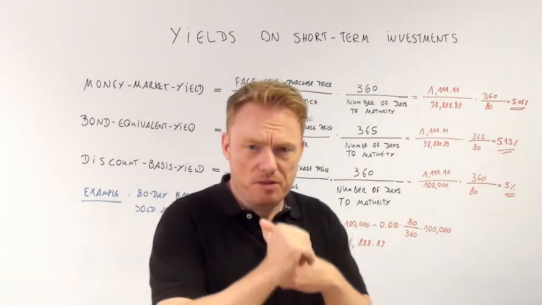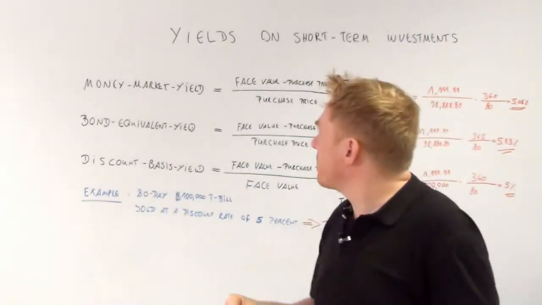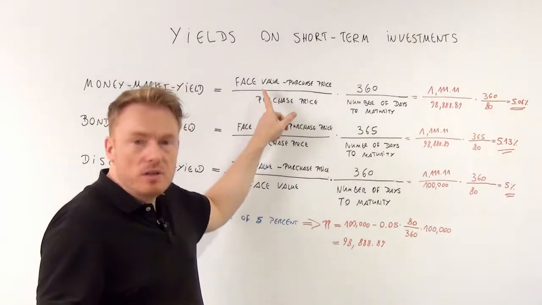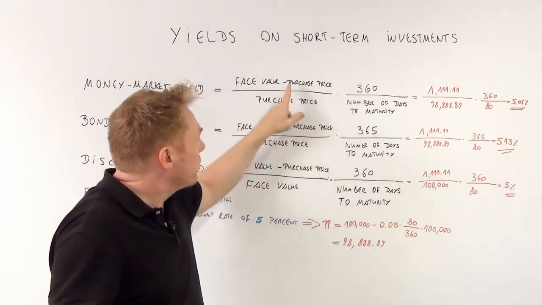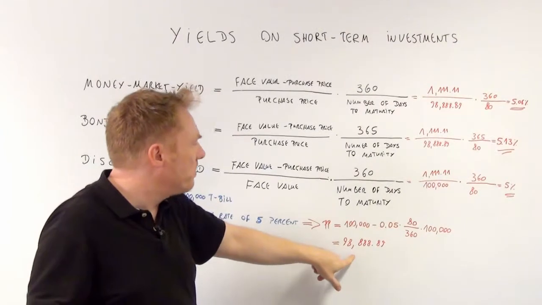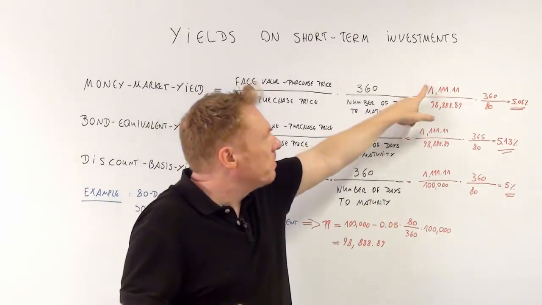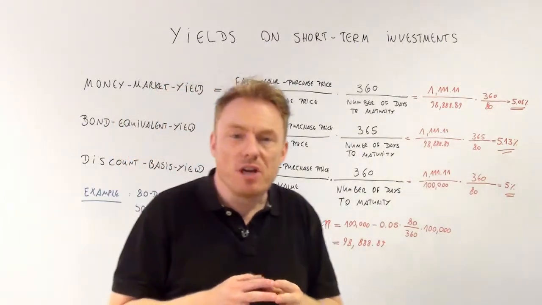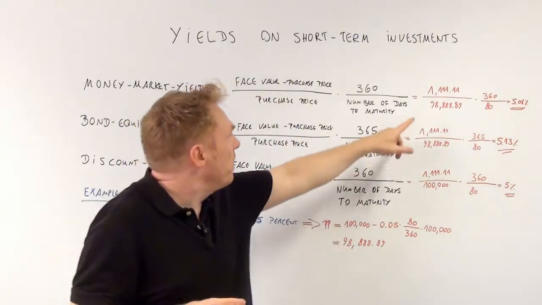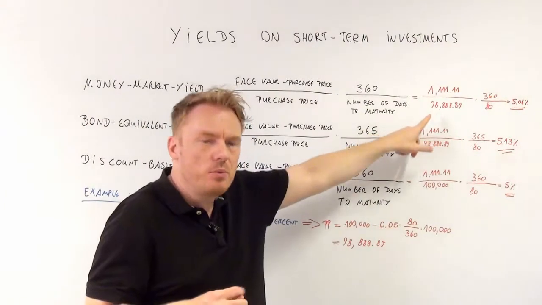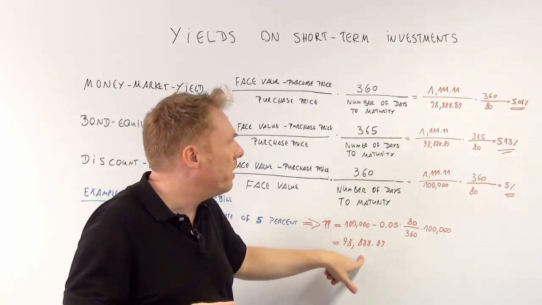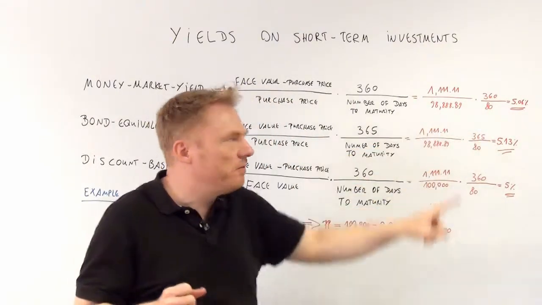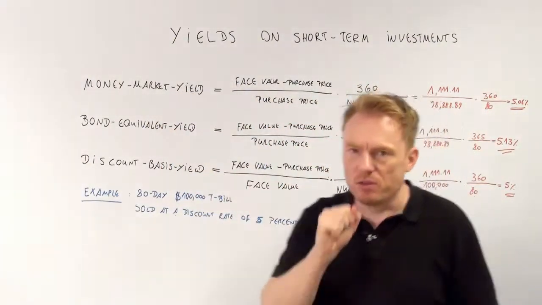So having calculated the purchase price, we can just put in the important values. Face value, $100,000, minus purchase price, equals $1,111.11, divided by the purchase price that we just calculated. Multiplied by 360 if we want to compute money market yield.